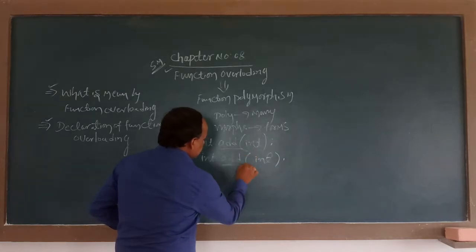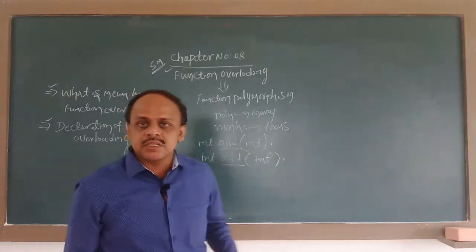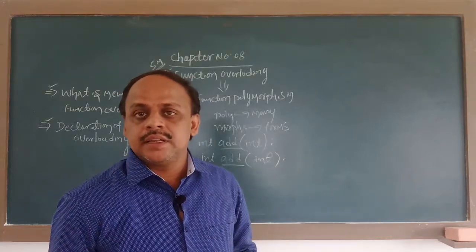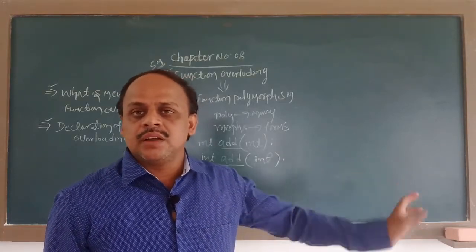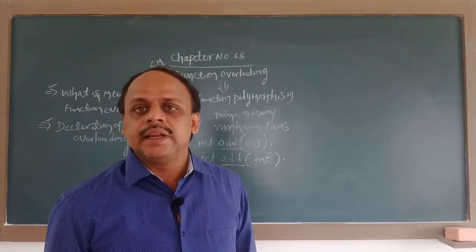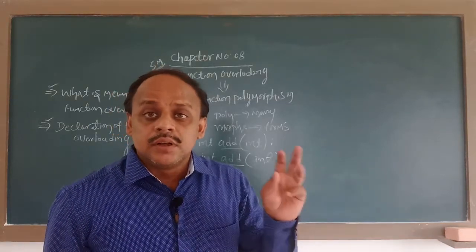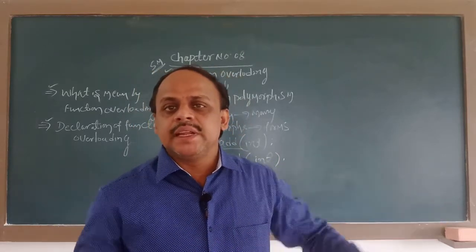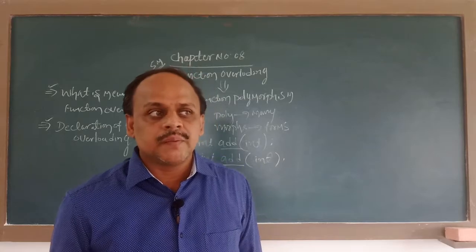This is the first one, this is the second one. With two add functions in a C program, we get an error that the function declaration is already done, a function with the name is already declared. So more functions with the same name is not possible in C programming.